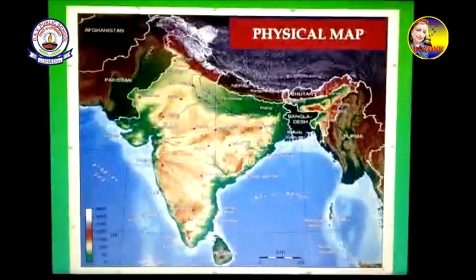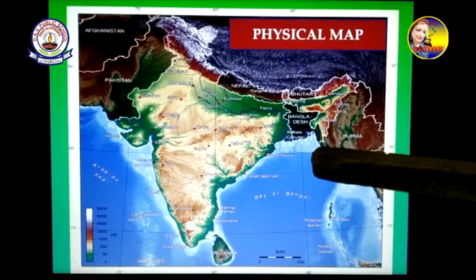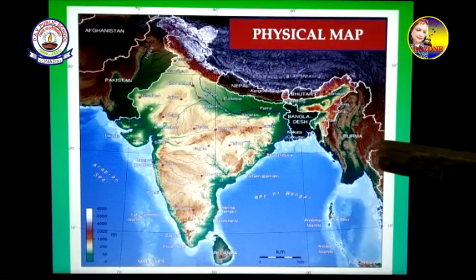Physical map. A physical map shows us all the places on the land where there are mountains, plains, plateaus, rivers and so many other things which are on the land.